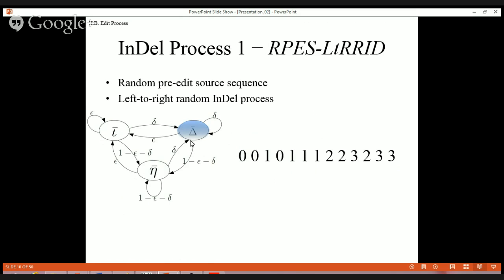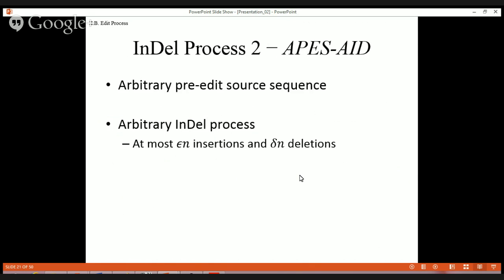Delta indicates a deletion. In this way, we obtain a new sequence which we name the post-edit source sequence.